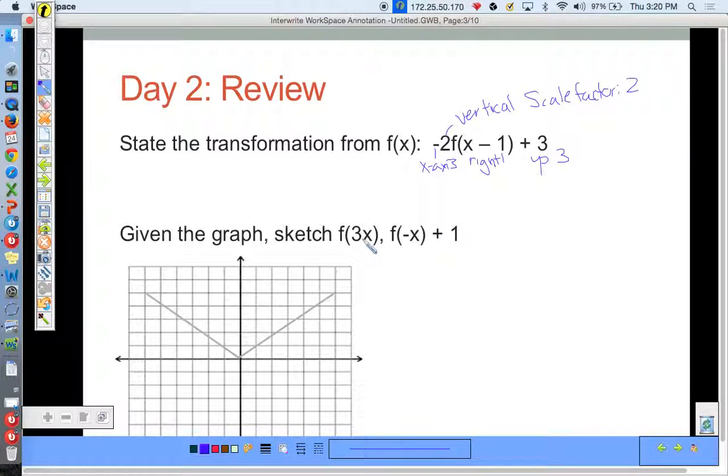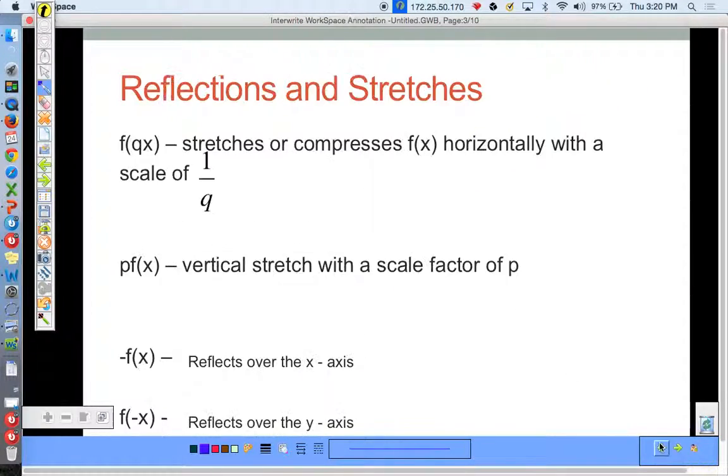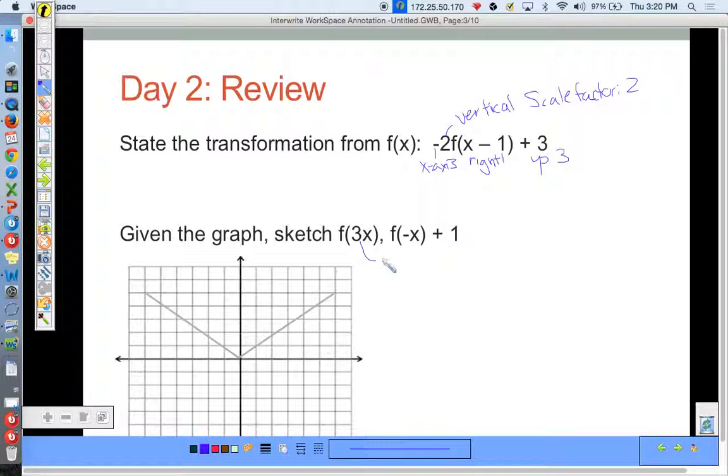So this first one, the 3x, if we go back again, 3's on the inside, and that's horizontal. It's affecting our x, so it's a horizontal scale factor of 1/3. So if we take some of these points, and this will be a little bit more challenging, I might take, let's see, 1, 1.